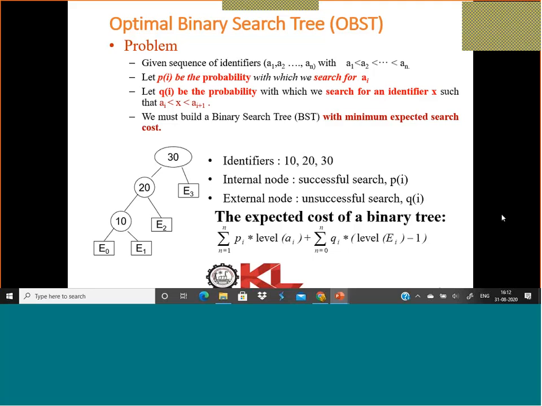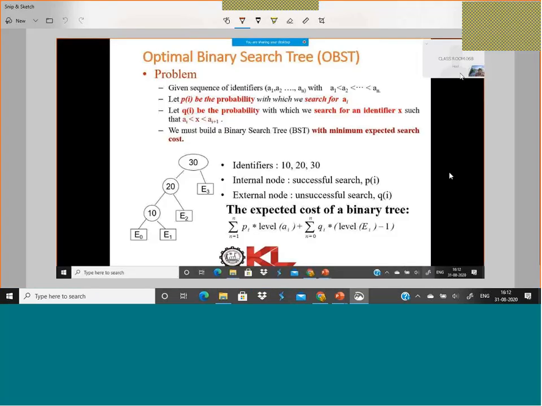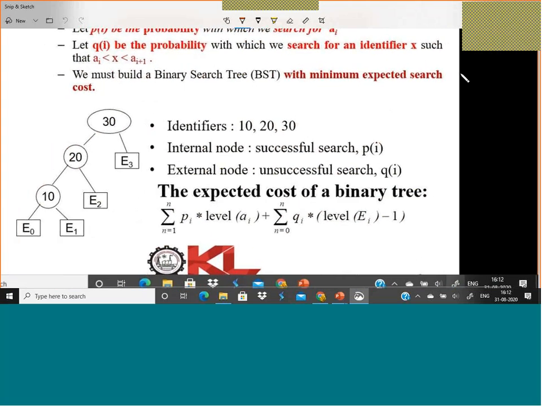So now let me take this slide to give more clarity. Here the identifiers are 30, 20 and 10. That is there in the oval shape.